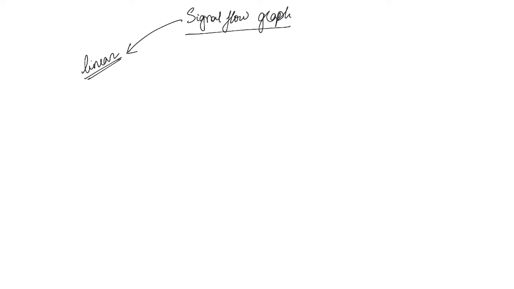Now if you take a block, you have the input and you have the output, and let us say for an LTI system the block will represent the transfer function. If you want to draw the signal flow graph, then you will have to represent the signal by a node.